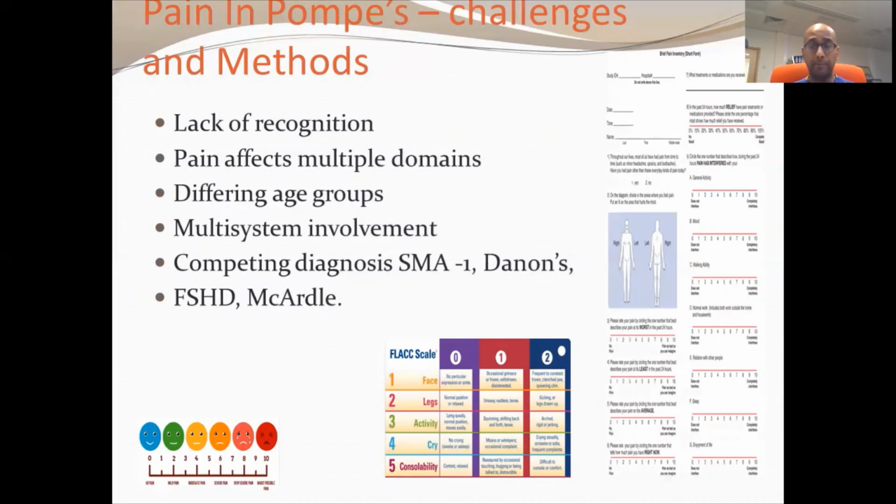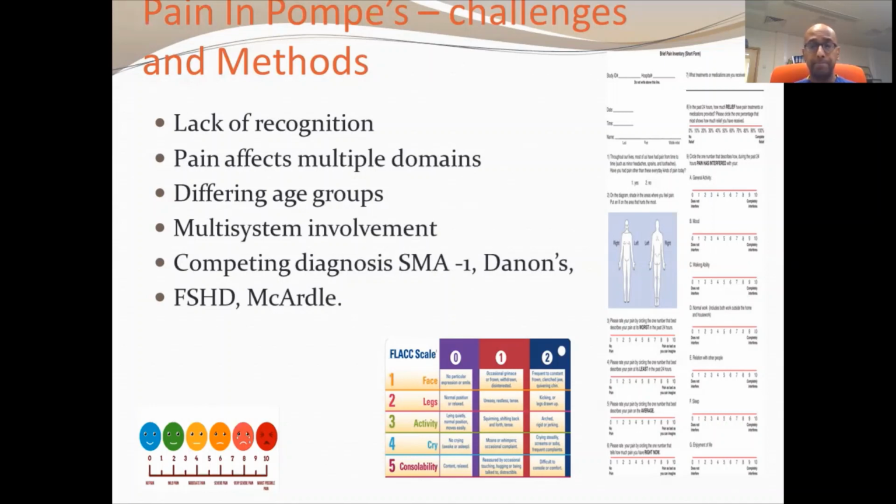It may be that pain is worsened because of nighttime hypoventilation. It may be because pain is worsened because their exercise tolerance is reduced, increasing their suffering. Pain in Pompe's affects a wide range of different age groups, all with their own challenges. And of course, it's a multi-system disease, so it doesn't just affect the heart or the kidneys or the liver, but many different organ systems.